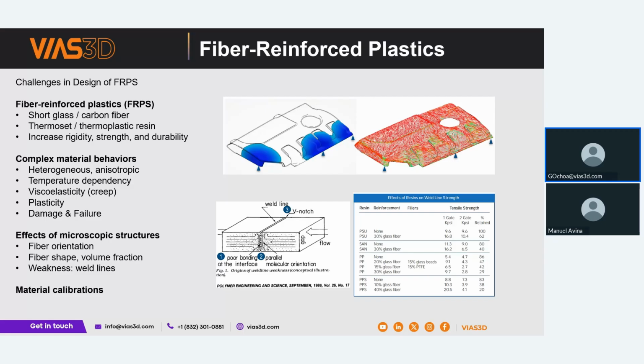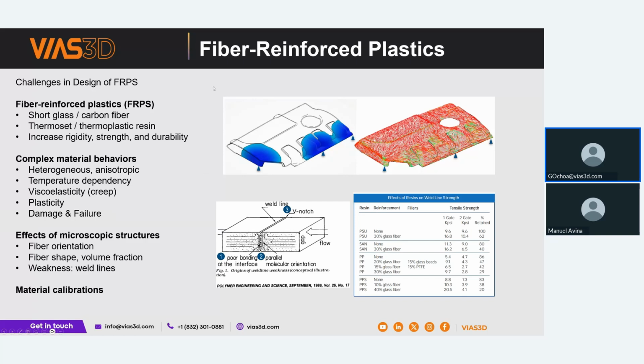Viscoelasticity could also be modeled for time-dependent material behavior. Also some plasticity, and if needed, damage and failure material models that are coming from Abaqus could also be defined for the behavior of the plastic components. And there are also some effects at the microscopic level. We're going to be mapping the fiber orientation.